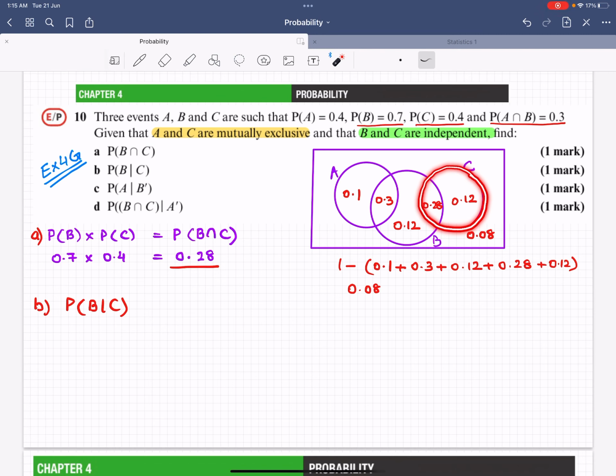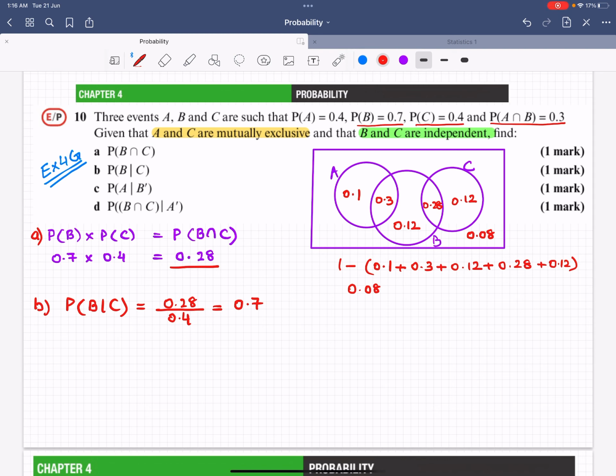From the total, we need to find the probability of B. So B part is only 0.28. So the probability of B given that C is 0.28 divided by all of the probability of C, which is 0.4, and that is 0.7.